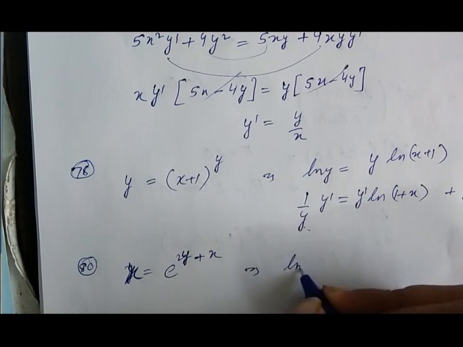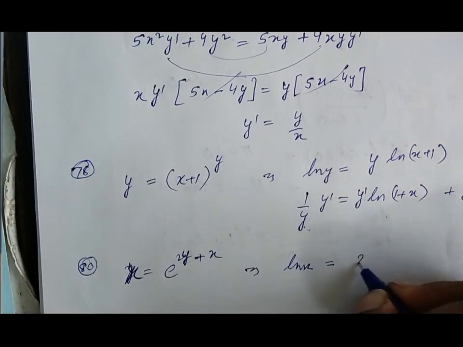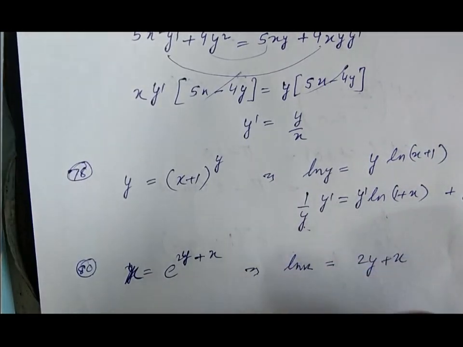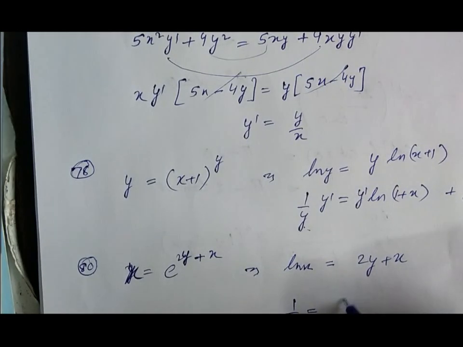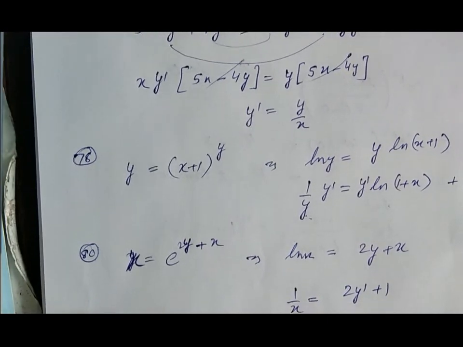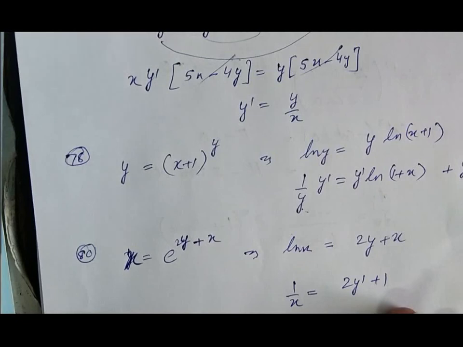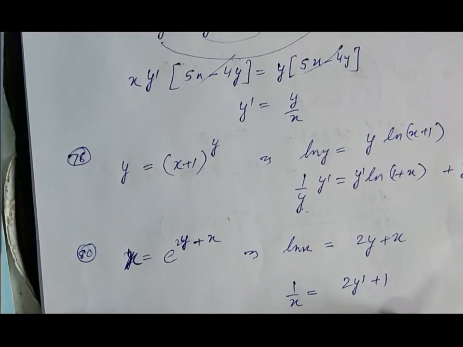Take ln, x is equal to 2y plus x, and now you can differentiate: 1 by x is equal to 2y dash plus 1. Okay. So you can calculate y dash from over here. So that's all for exercise 1a.